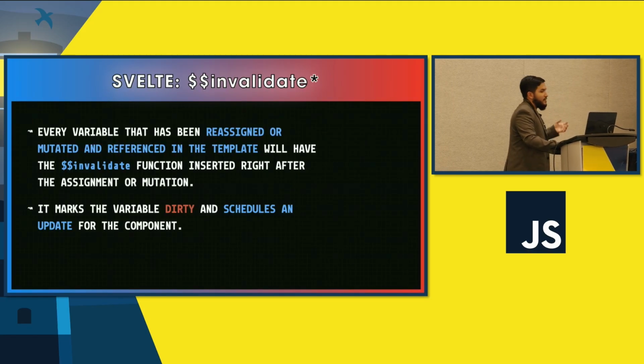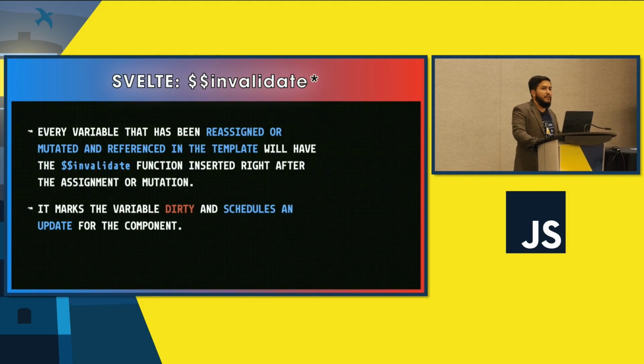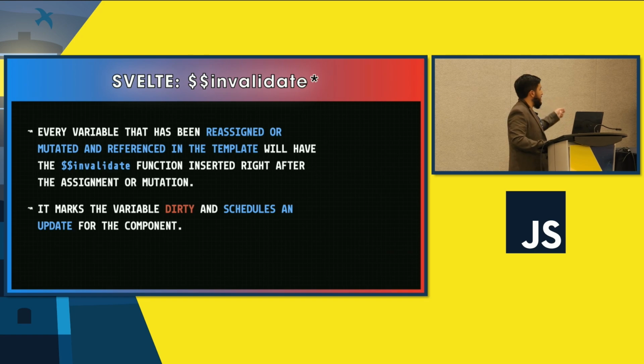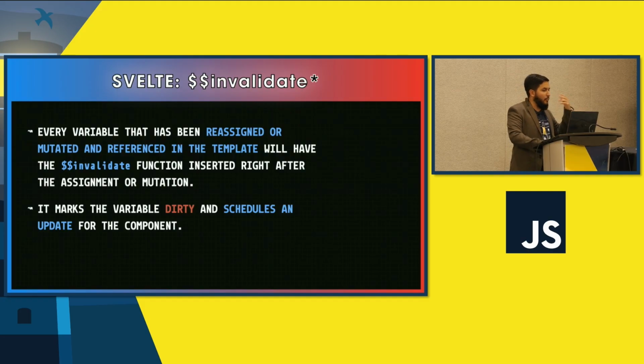It's basically one of the secrets behind the reactivity model of Svelte, where each variable that has been reassigned or mutated and referenced in the Svelte template is wrapped with this $$invalidate function, and it's inserted right after the assignment or mutation. And what it does by doing that is marking that thing as dirty and scheduling an update for that component.